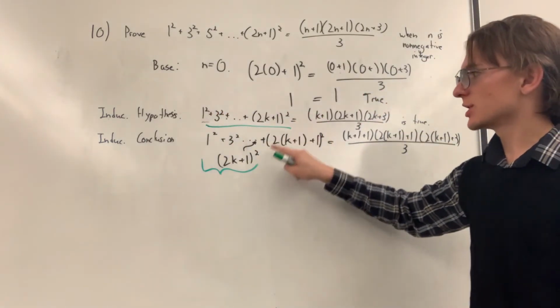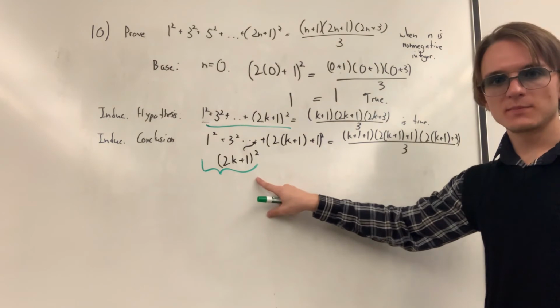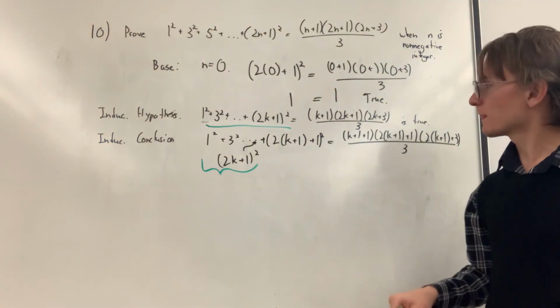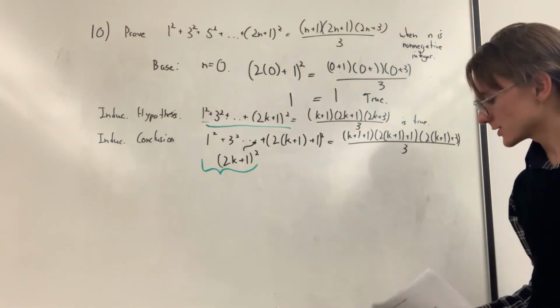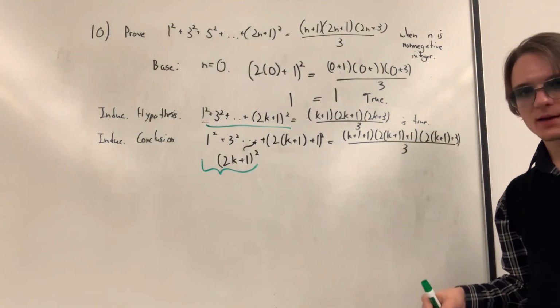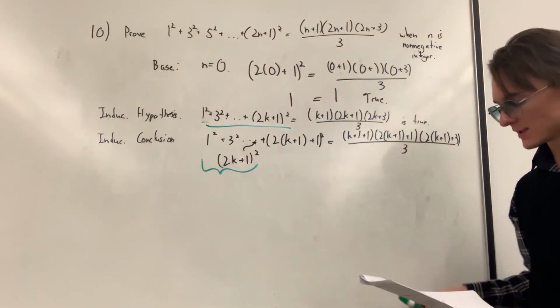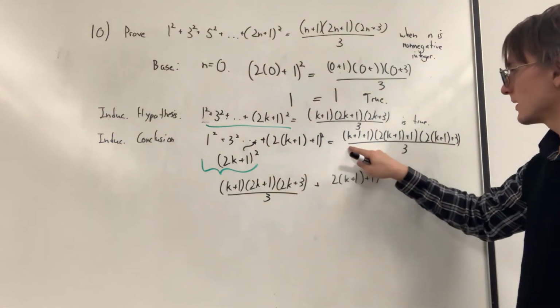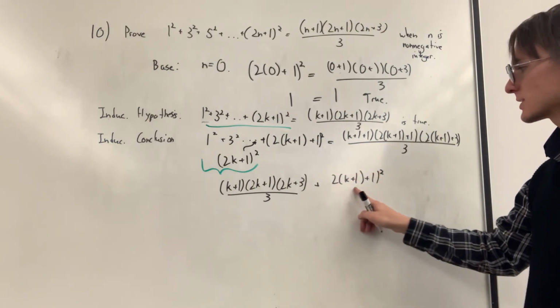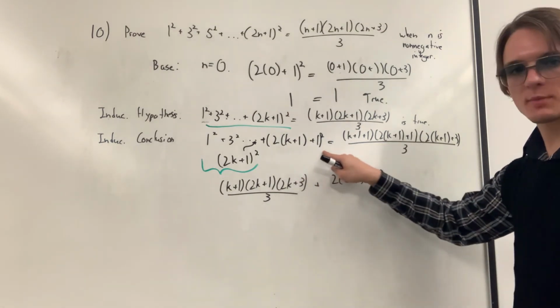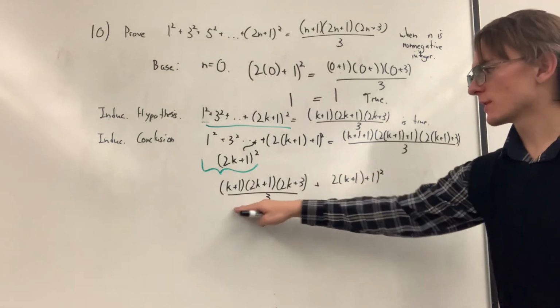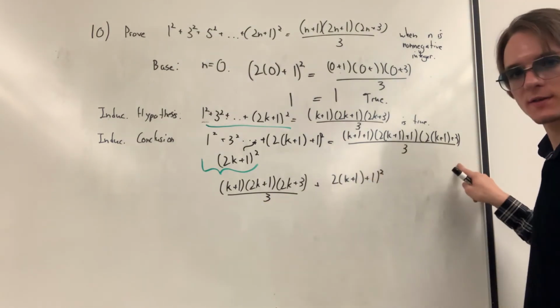This part of the expression matches the beginning sequence of this expression. And we already know what that's equal to, so let's just plug in what we know by our inductive hypothesis. We get the following. Nothing happened to the (2 times k plus 1) squared. That remains the same. And we're trying to show that this part of the expression is equal to this.